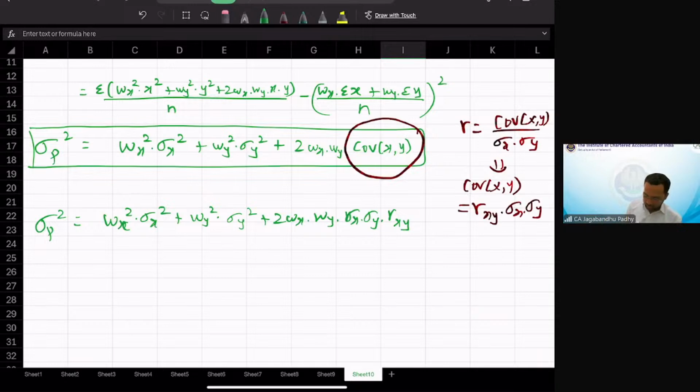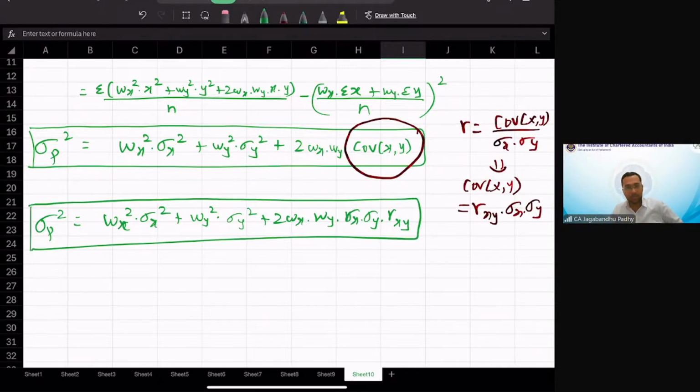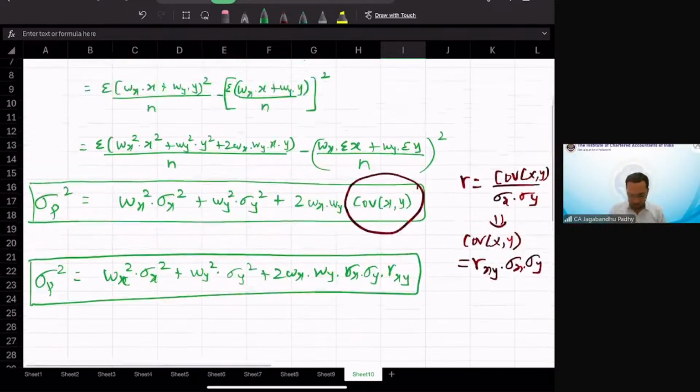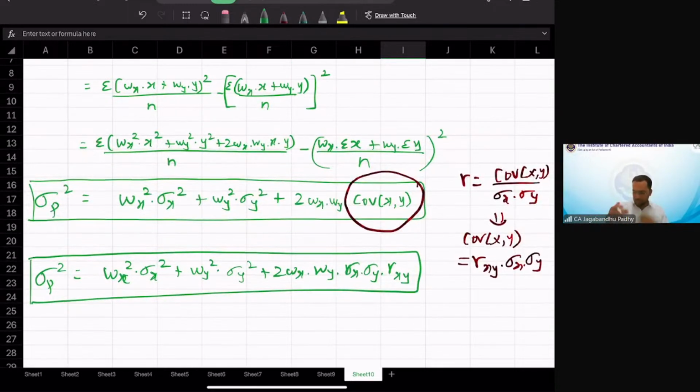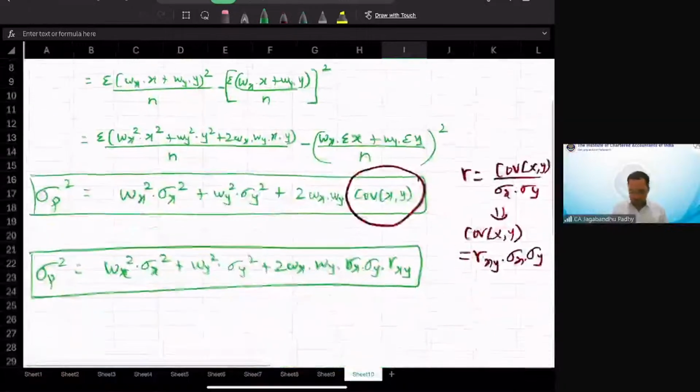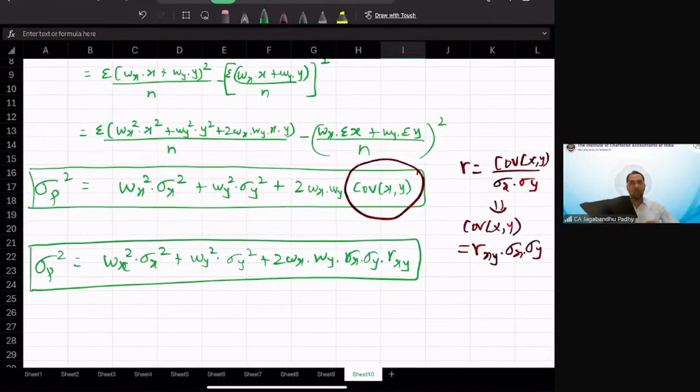Right? So this is the formula given by Markowitz for calculating the portfolio variance or portfolio risk. This is nothing but derived from the same part as we have written over here. So it's derived from this particular formula that we have.